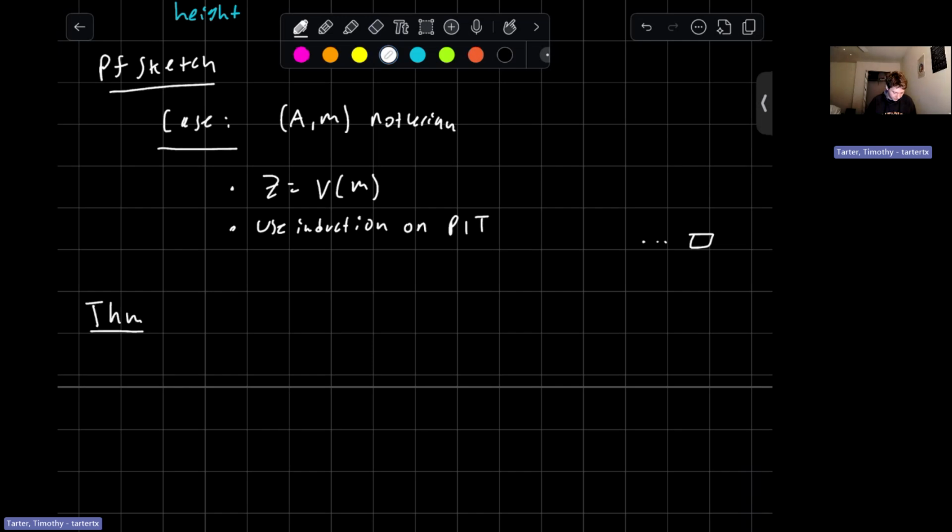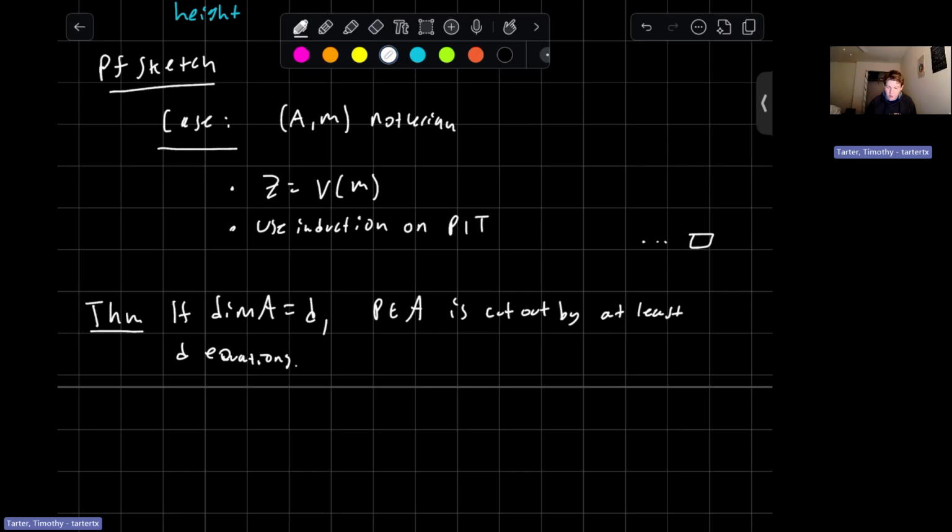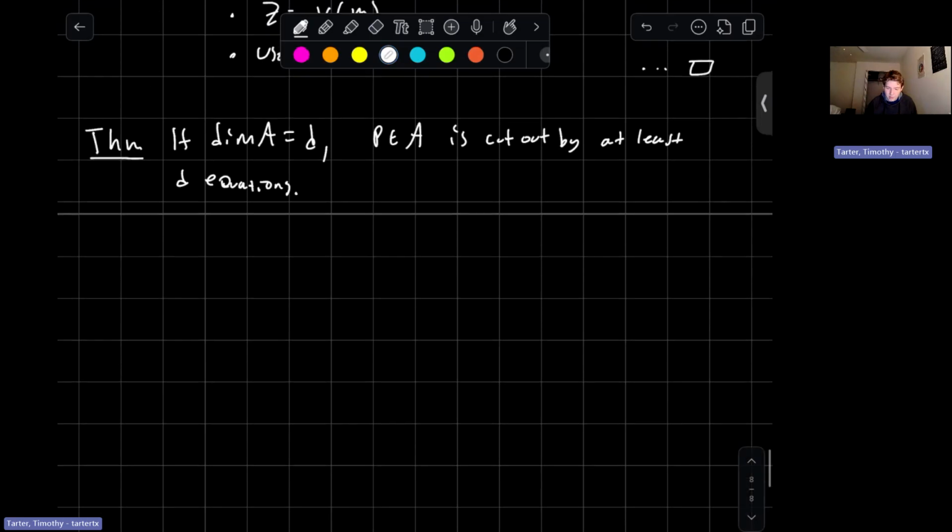So theorem, if dim A equals D, then this point P in A is cut out by at least D equations.